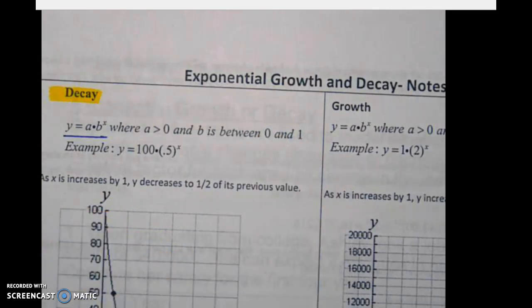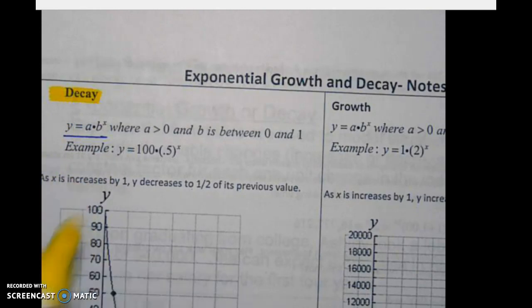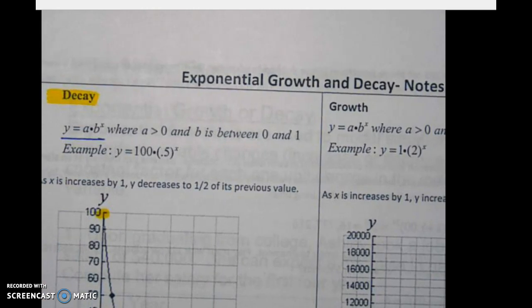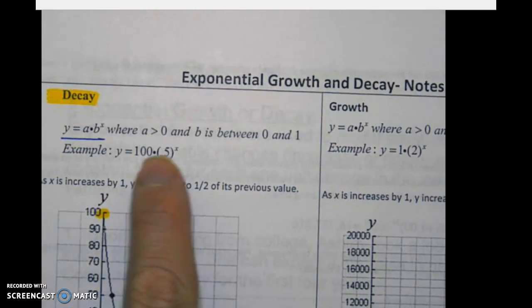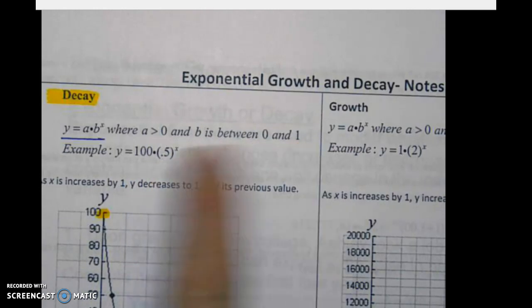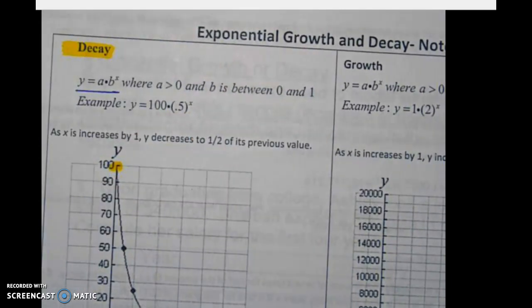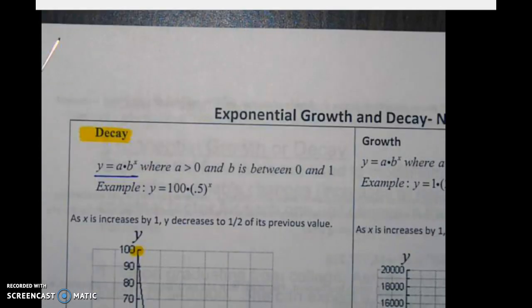Okay? So in this format, a is going to represent your y-intercept. Right here, your y-intercept. And then since b is between 0 and 1, we have a decay. So this is an example of a decay.